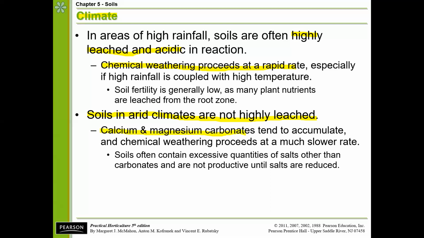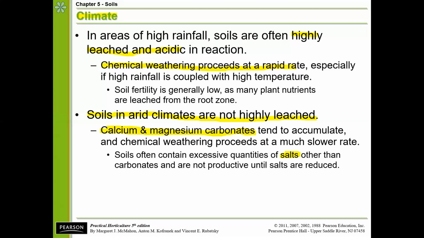So calcium and magnesium carbonates are very often found in desert soils, and they cause chemical weathering to proceed much slower. These are both salts technically, not sodium salts, but their chemical compound is in a salt form. And this accumulation of salts is a big issue in these arid climates.